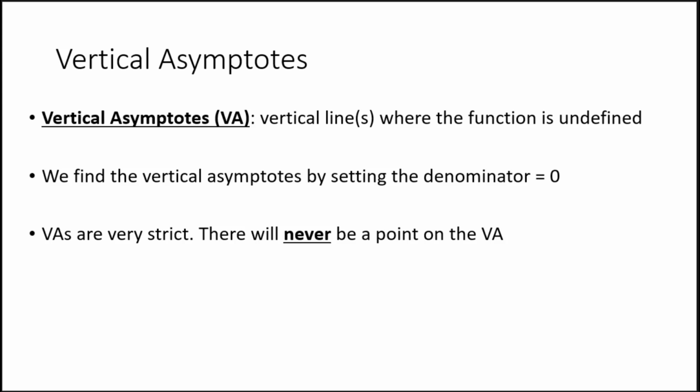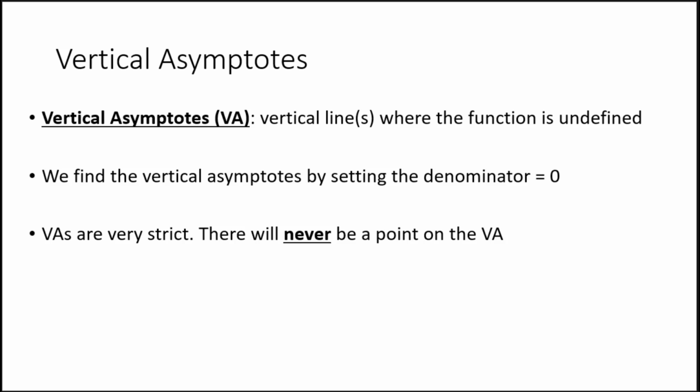We solve. Okay. It's very important to know that vertical asymptotes are very, very strict. There can never, ever be a point on the vertical asymptote. Ever. Okay? It's never going to cross a vertical asymptote. Once you set up that vertical asymptote, your graph is not going to cross it.